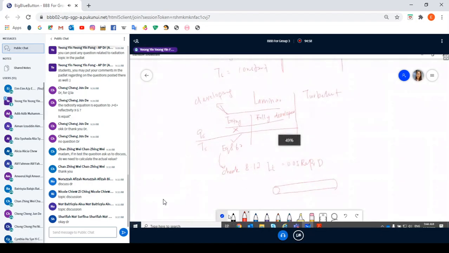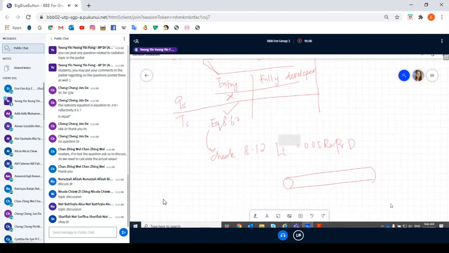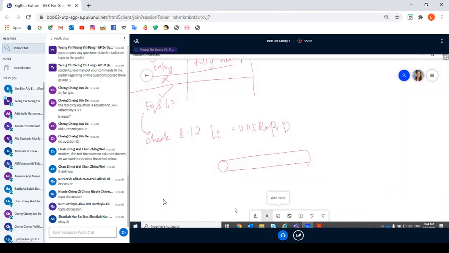Let's say the length of the pipe is 100, and you get LT equals 0.1 meter, for example, and it falls under laminar.